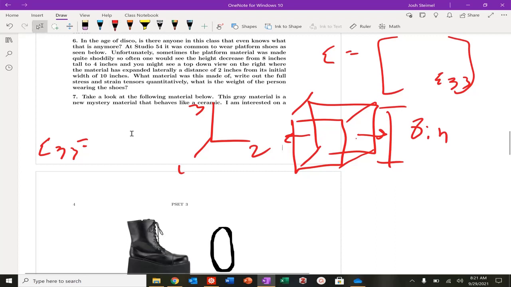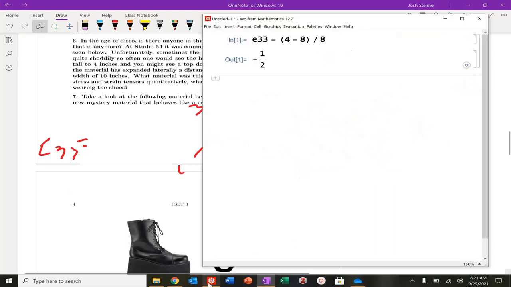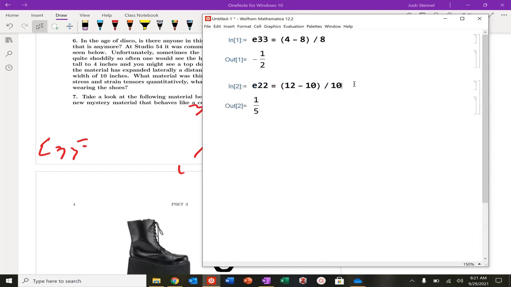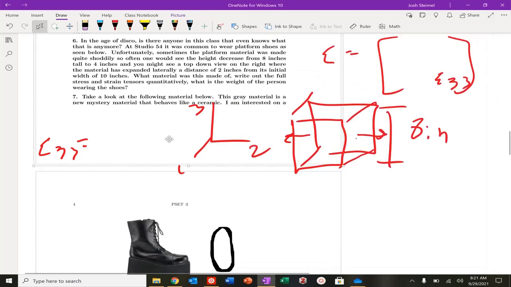So it's expanded this additional distance. So if I'm looking at my strain in the 2-2, it's going to be 12 minus 10 divided by 10. So that's my strain in the 2-2 direction. Now, I'm thinking about this problem, if I have some strain in the 2-2.